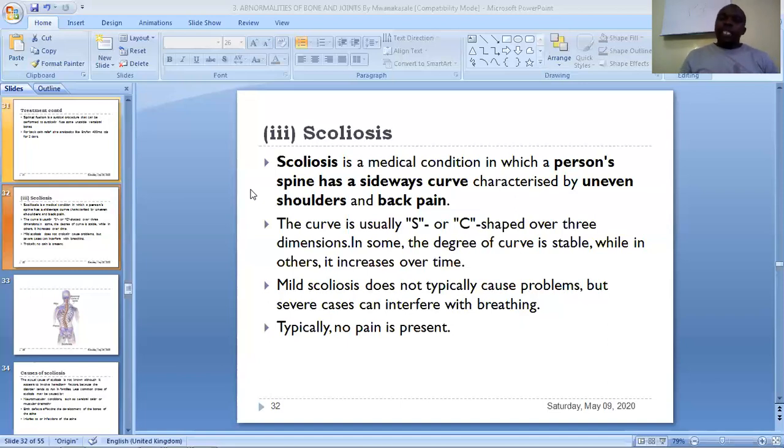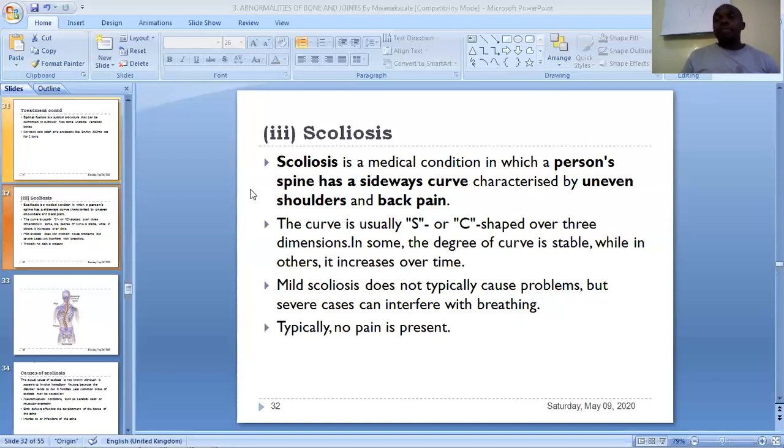So the general objective states that at the end of this discussion, students should be able to acquire knowledge and how to manage scoliosis. The specific objectives state that at the end of this lesson, the student should be able to define scoliosis.